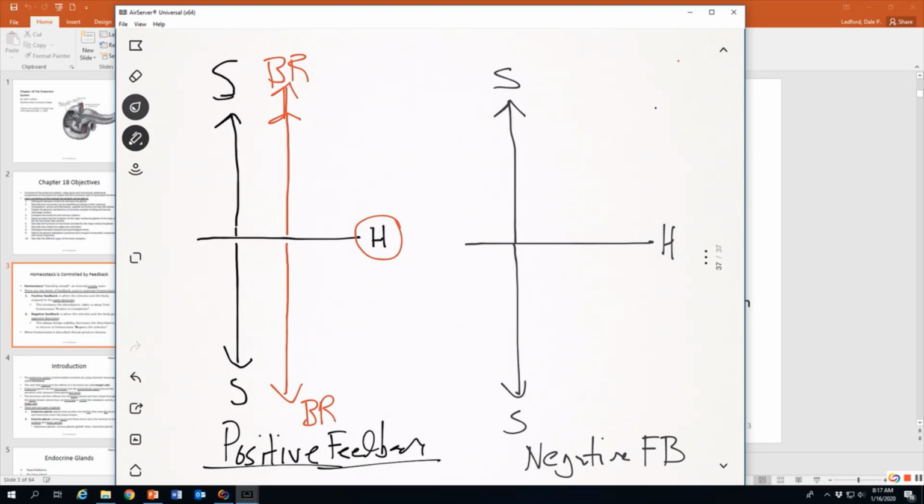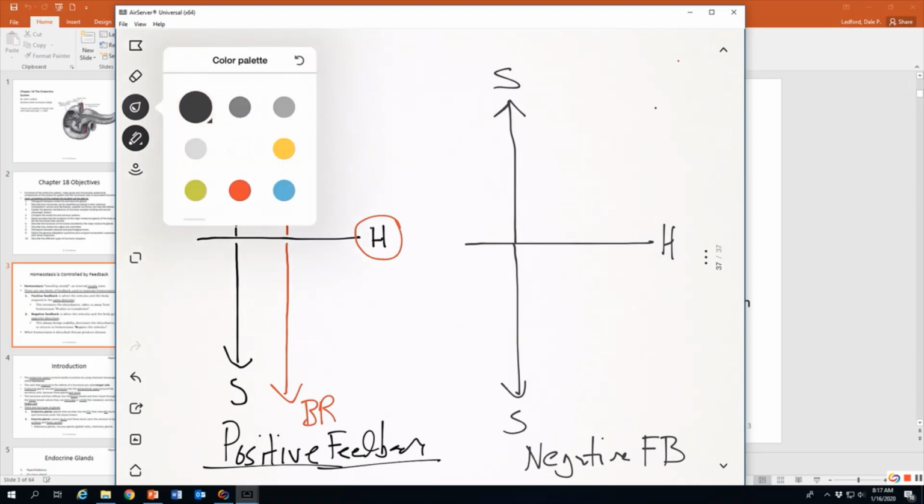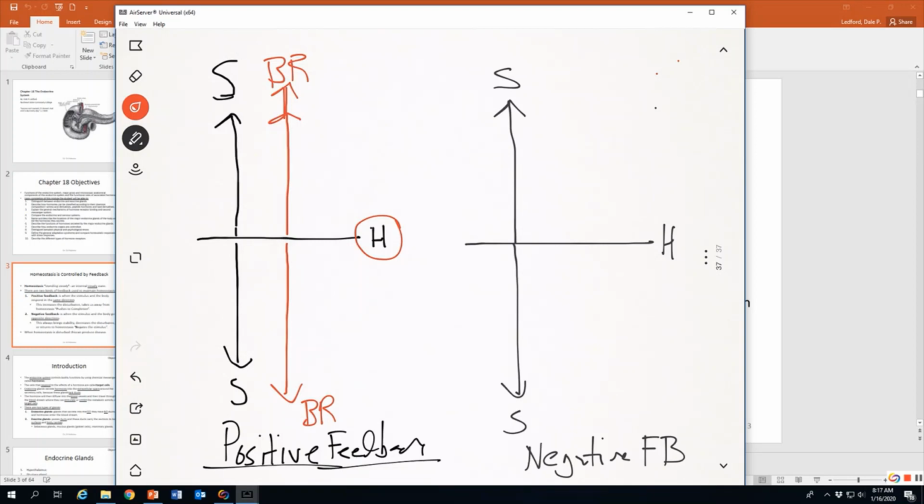The stimulus goes above homeostatic range or below homeostatic range. Let's start with what happens in a negative feedback mechanism when the stimulus increases. So the body needs to respond. There will be a body response, and that will take it back to homeostasis, back to normal, back to the range. So here we see the stimulus and the body's response go in opposite directions.